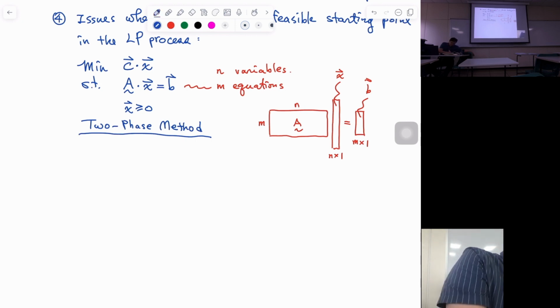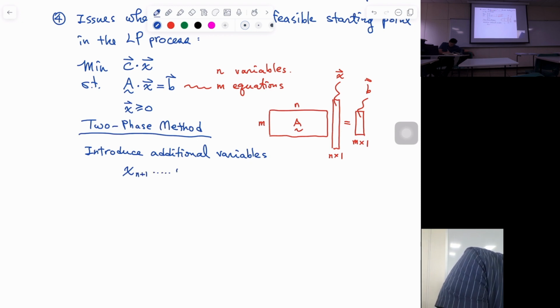So what the two-phase method does is to introduce extra variables, additional variables, x n plus 1 to x n plus m. And they are going to formulate this equation.